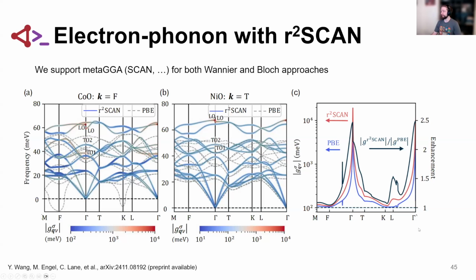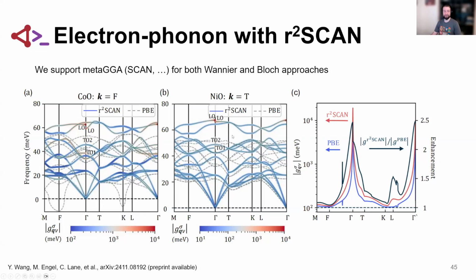And in this case, we are able to use this Wannier interpolation scheme to perform also the electron-phonon interactions using the r2SCAN functional. And you can see that this enhances your electron-phonon coupling here in this plot by quite some amount. There's still a lot more physics to be done here to give you any really definitive statement on what electron-phonon physics on this higher level of theory does. But this is already a nice first sneak peek. There's a preprint already available.